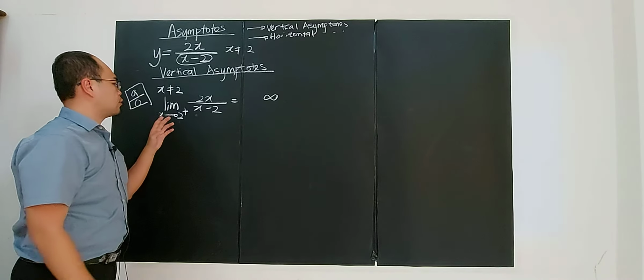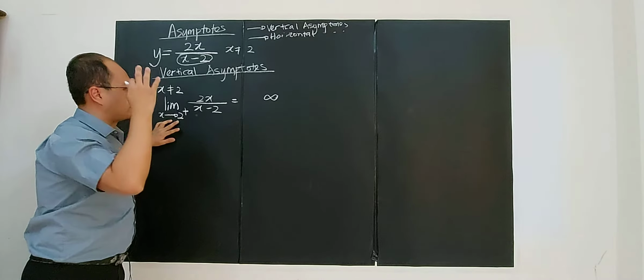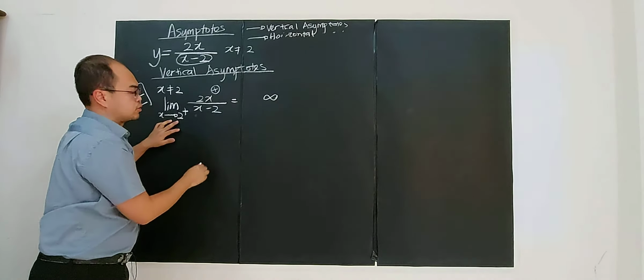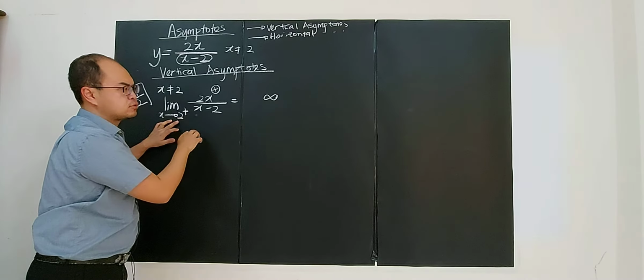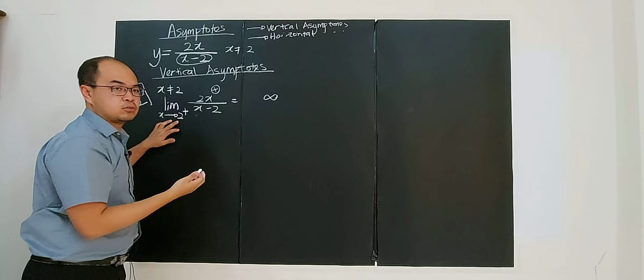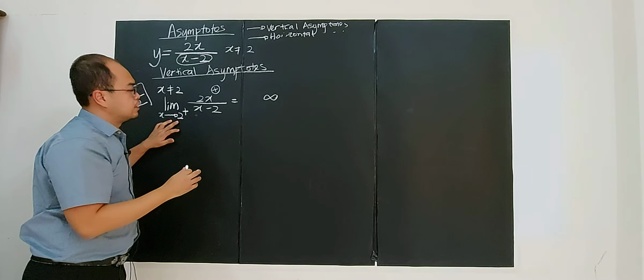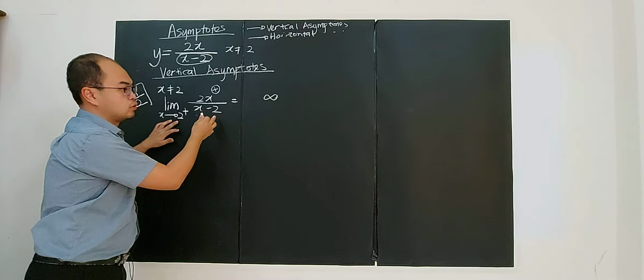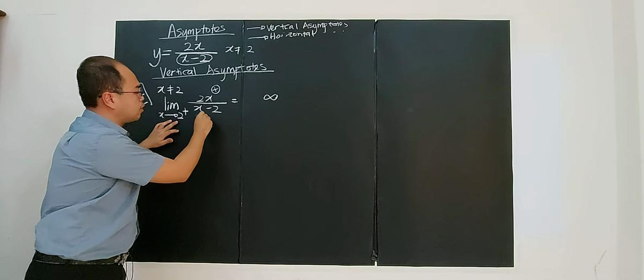Very simple, in our mind we know that 2 times 2 is positive. And 2 plus means you slightly choose a number greater than 2, not too far. So maybe you can choose 3. Try 3 minus 2. 3 minus 2 is 1. 1 is a positive number.